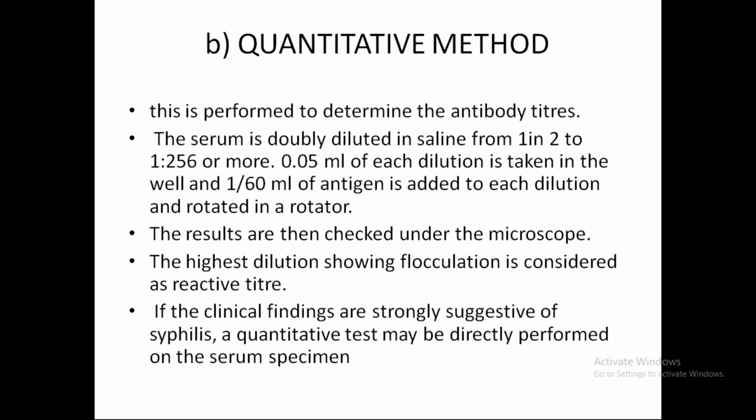The results are then checked under a microscope. The highest dilution showing flocculation is considered the reactive titre. If the clinical findings are strongly suggestive of syphilis, the quantitative test may be directly performed on the serum specimen.